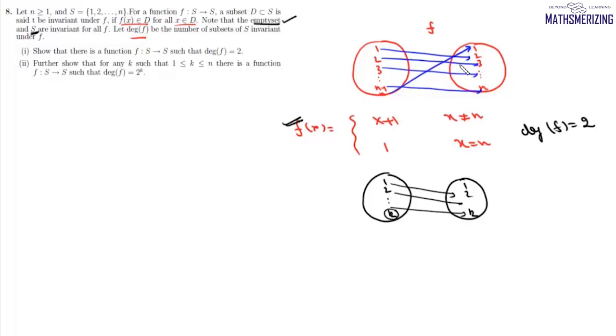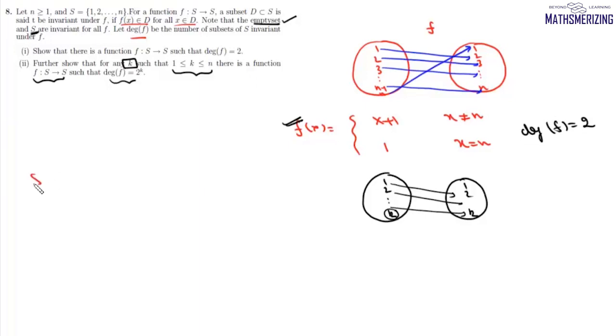Now the second part is to further show that for any k such that k lies between 1 and n, there is a function f from S to S such that the degree of f is equal to 2 to the power k. Now one way of defining such a function is using permutations.